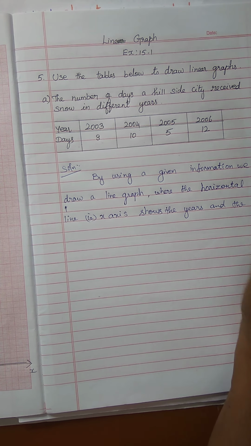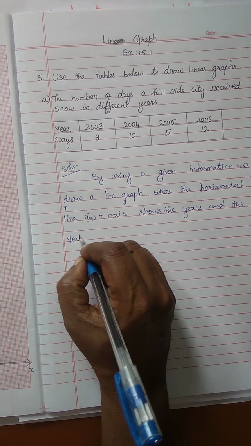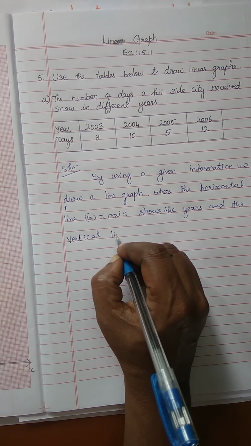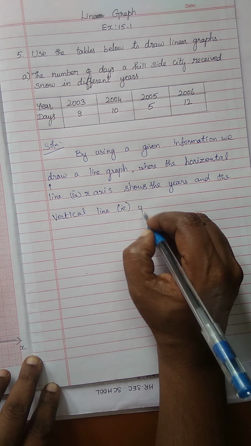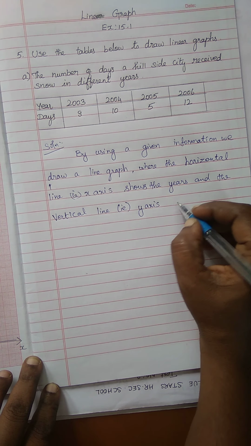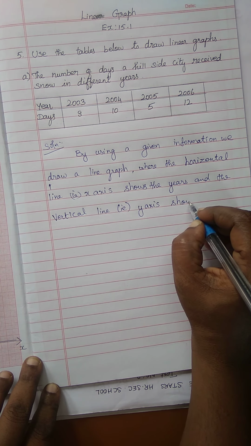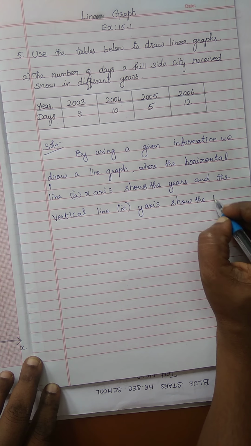The vertical line, that is the y-axis, shows the number of days.